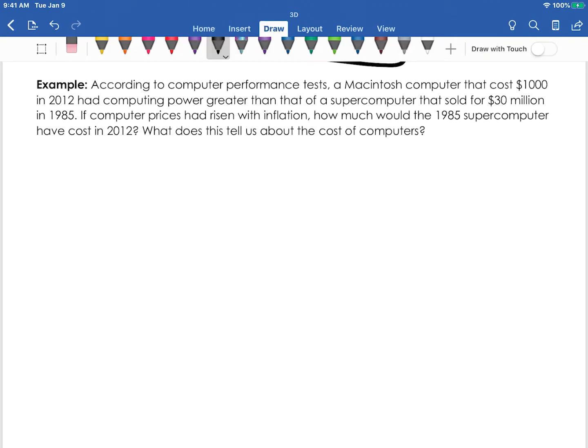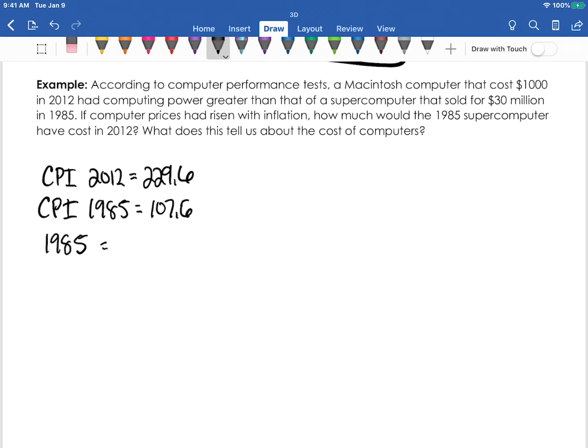So, if we look at the CPI in 2012, again, we looked that up on the chart, that's going to be 229.6. And then if we look at the CPI in 1985, when we look that up on the chart, it's 107.6.